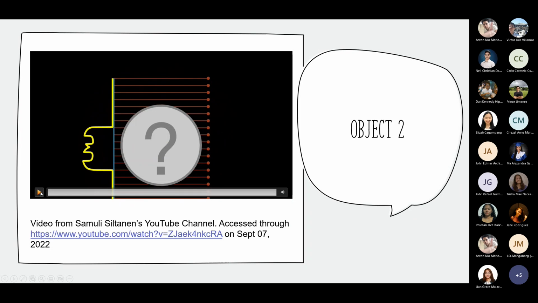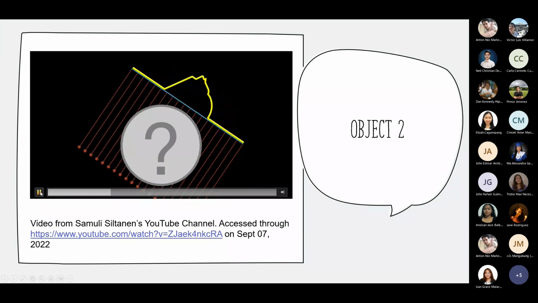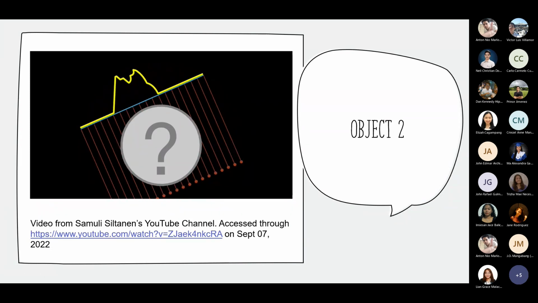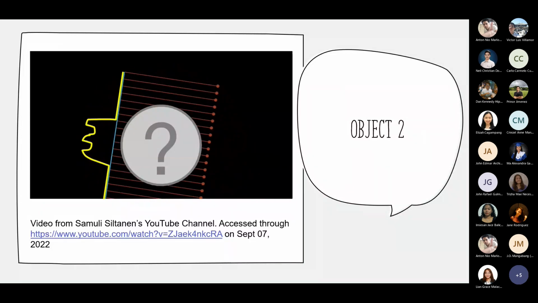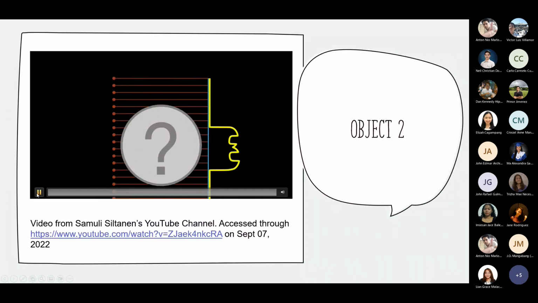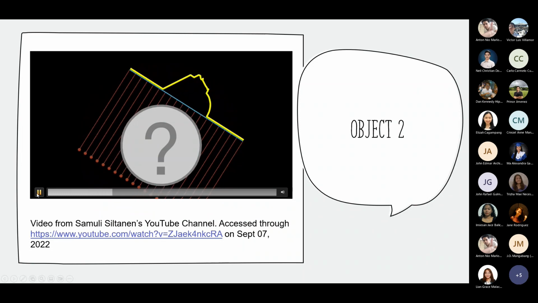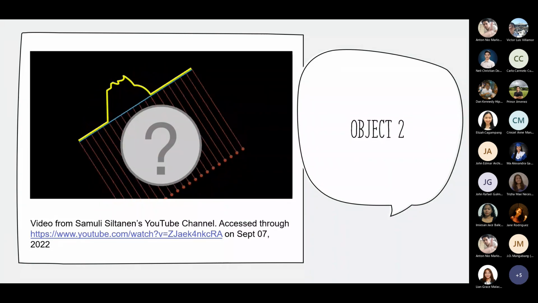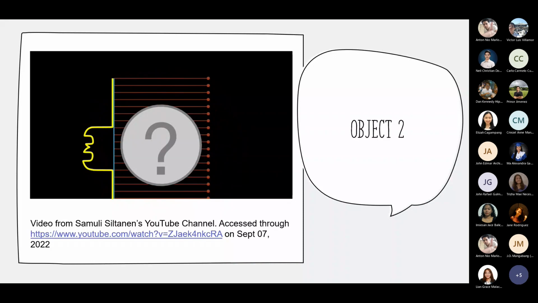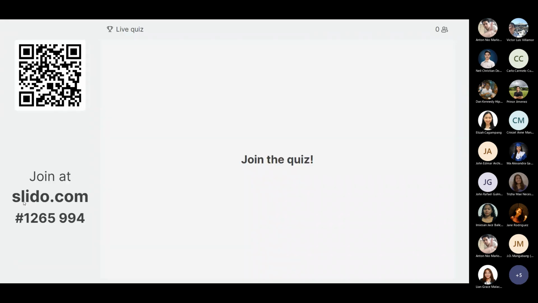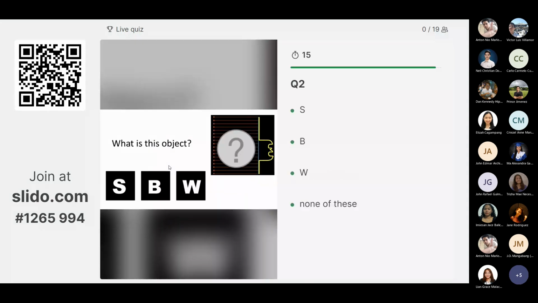Okay, ulitin natin. Okay, isa pa. Sige, isa pa. S, B, or W. Ano yung ini-scan ko dito? Right? So here are our options. S, B, or W?